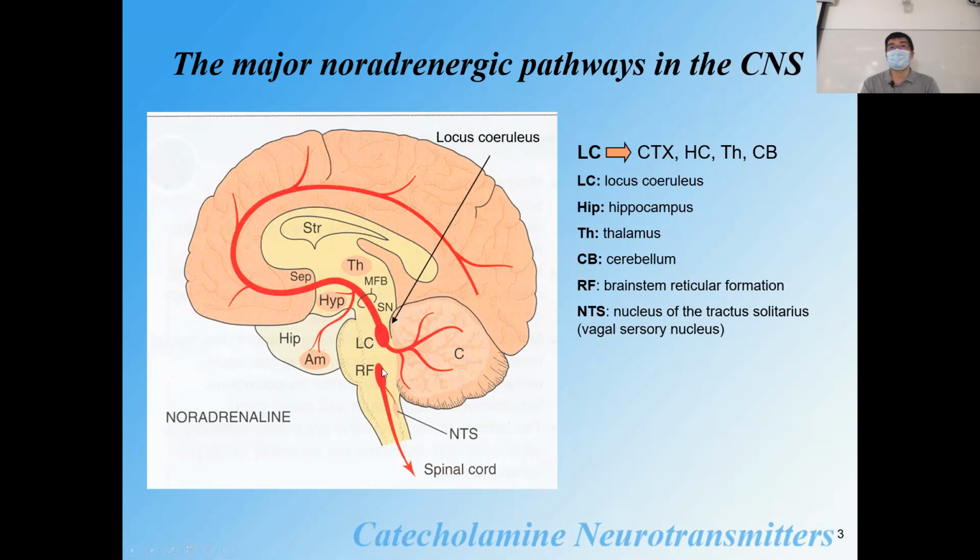Those are small groups of neurons, and they will send extensive output to different parts of the brain. Some will go to the amygdala, some will go to the hypothalamus, and this will go down as well. So you can see that it is extensive. Now, this one is actually different from the sympathetic pathway, okay?